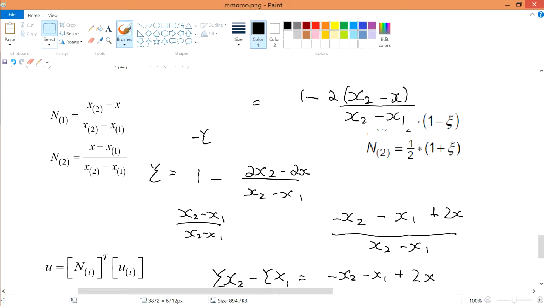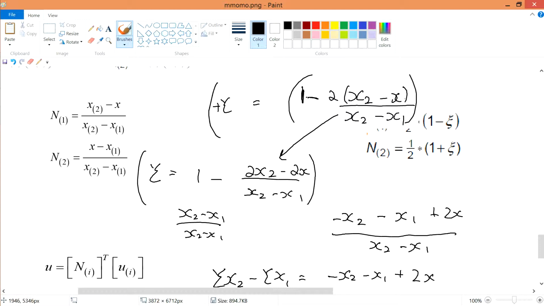And my c over here from minus becomes plus. So I'll have 1 minus 2, this thing over here, and then this thing I just expand: 2 times x2 minus 2x. So what I have is this thing over here. At the overall scale, this thing is being re-represented over here as I've written.